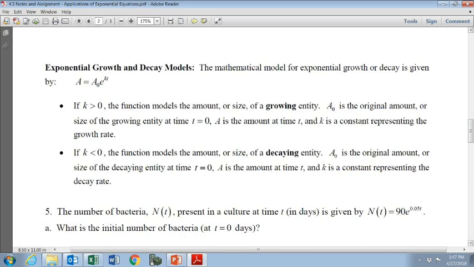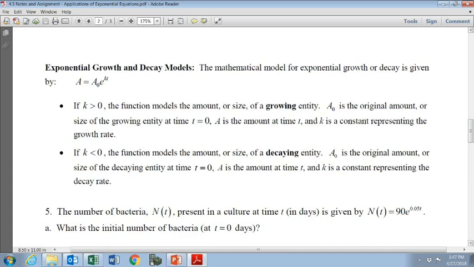The formula is A equals A naught times e to the kt power. It looks like A sub 0, but we say A naught. If k is greater than 0, the function models the amount or size of a growing entity.